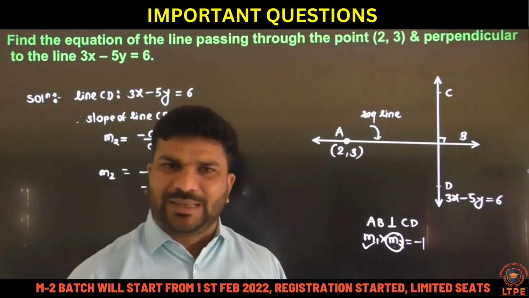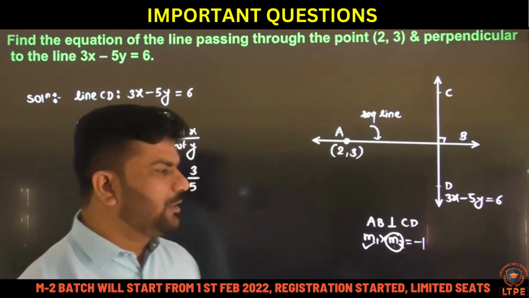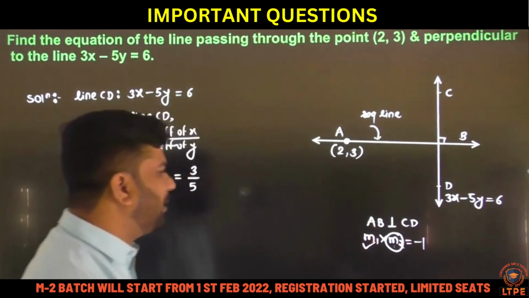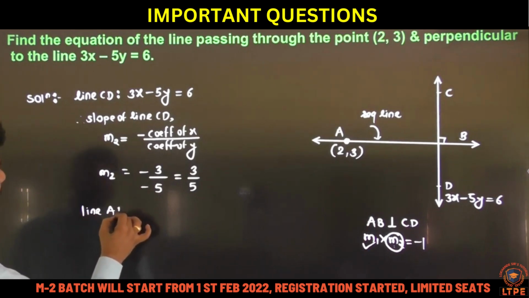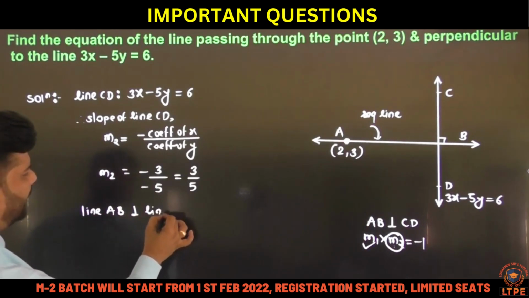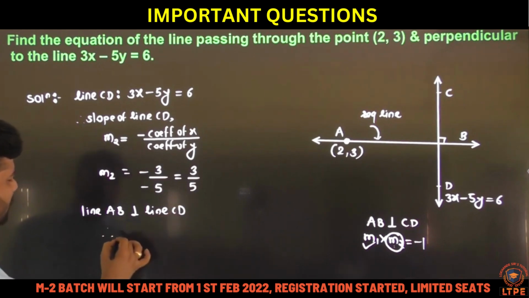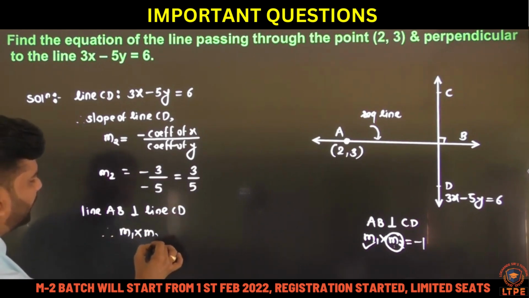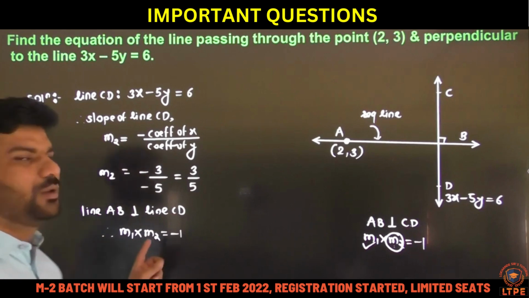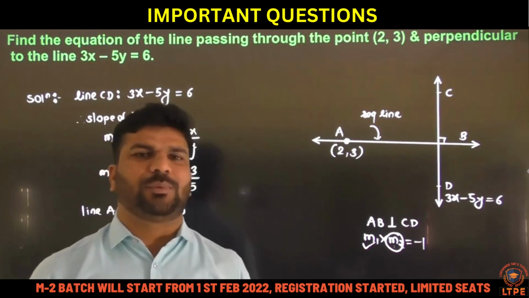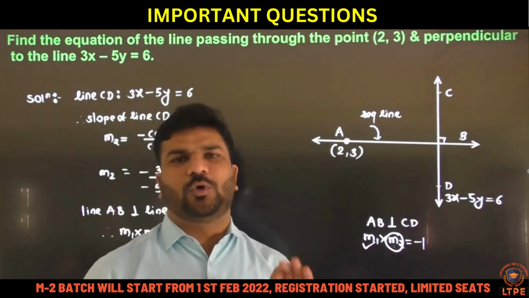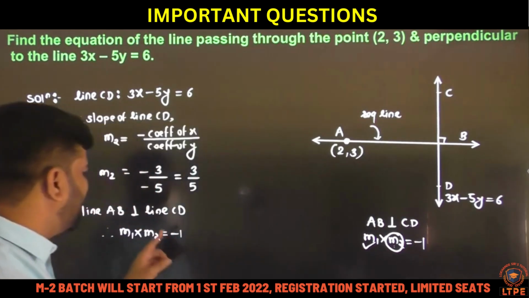As the slope of line CD is calculated, we can easily calculate the slope of line AB by using the concept of perpendicular lines. Line AB is perpendicular to line CD, hence the product of their slopes is equal to minus 1. If two lines are perpendicular to each other, then the product of their slopes is equal to minus 1.